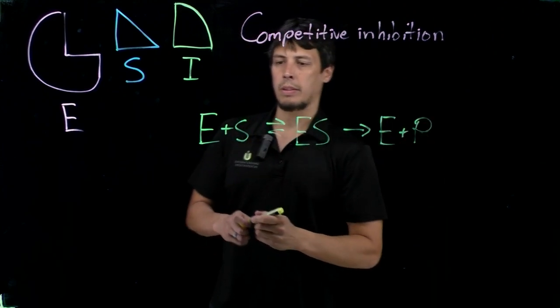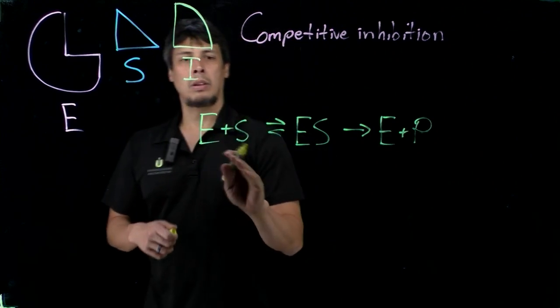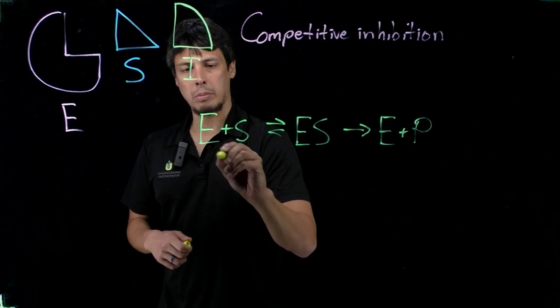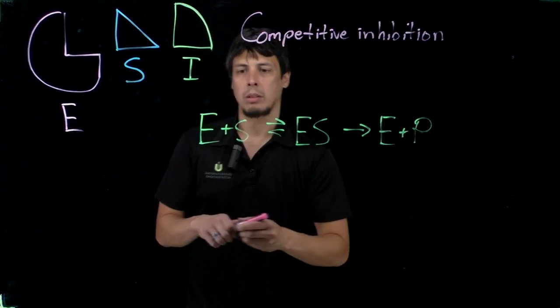we can also have an alternate pathway where instead of substrate binding, the inhibitor binds. We'll color code this.